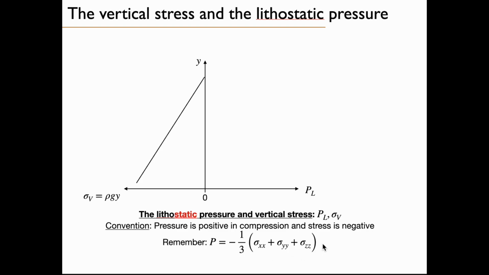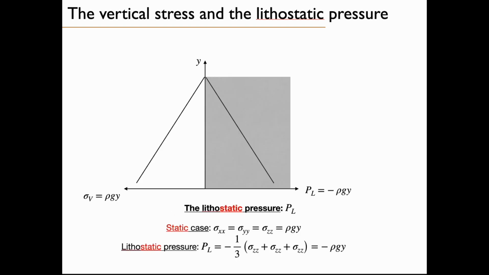So remember the definition of pressure from the previous lectures. The pressure is 1/3 of sigma xx plus sigma yy plus sigma zz. This is the trace of the diagonal of the stress tensor in 3D. In the static case, it is assumed that the three normal stresses, sigma xx, yy, and zz, are equal to the lithostatic stress, to the vertical stress, which is the weight of the overburden, rho g y.